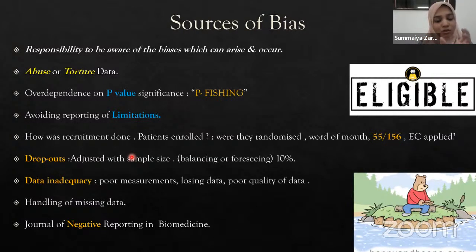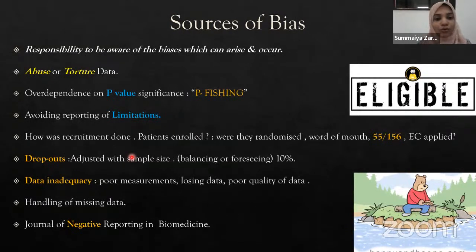So a good statistician is going to give you an adjusted sample size, so that even if you have dropouts, the data will remain accurate when you interpret it. Most of the time a statistician has already given you an adjusted sample size, but you don't know that, so you don't want to report dropouts.